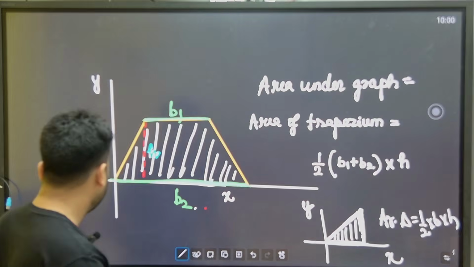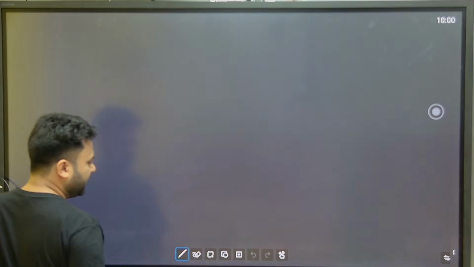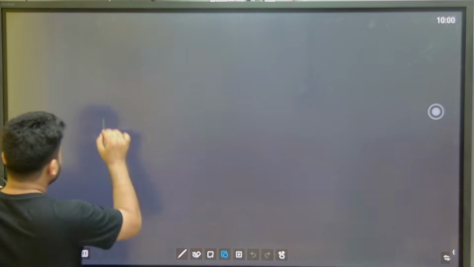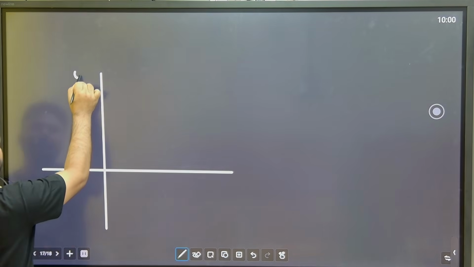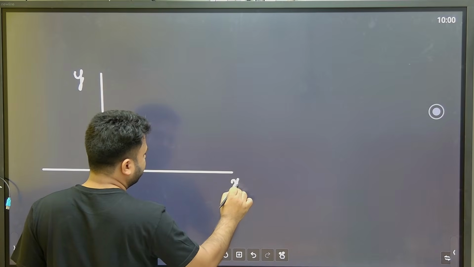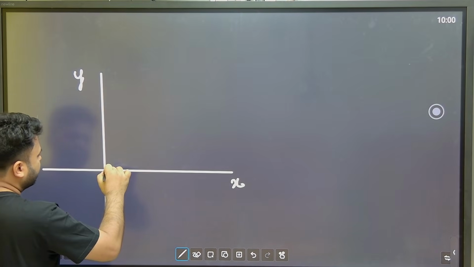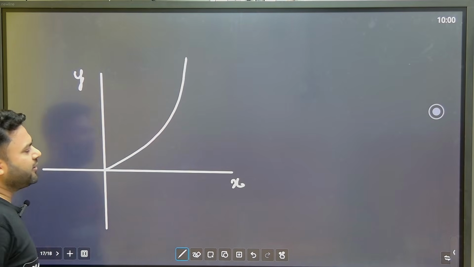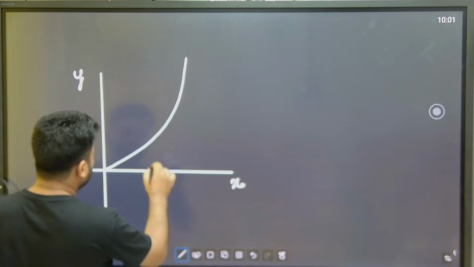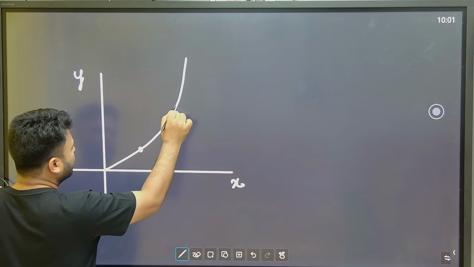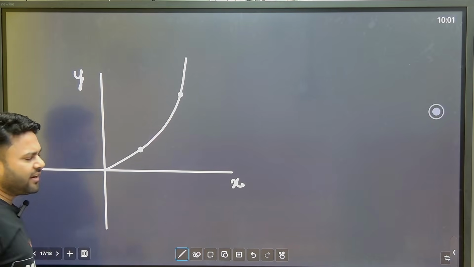But what if there is a curve, like this is y-axis, this is x-axis. Again they ask, there is a curve, what is the area? Like suppose from this point to this point, they can ask from anywhere.